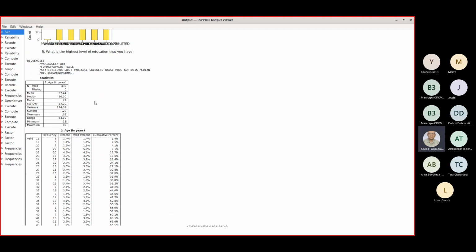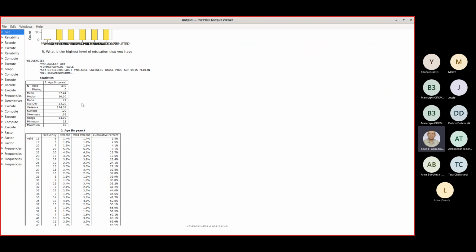And accordingly, the other 50% of our population are greater than or equal to 36 years of age. And the last measure of central tendency is mode, 21.